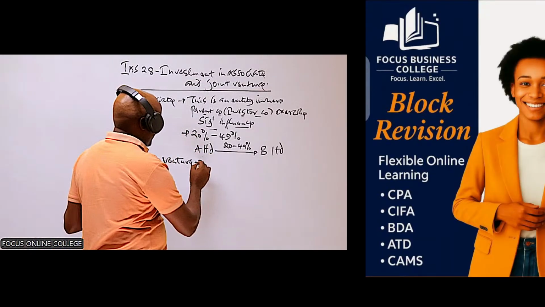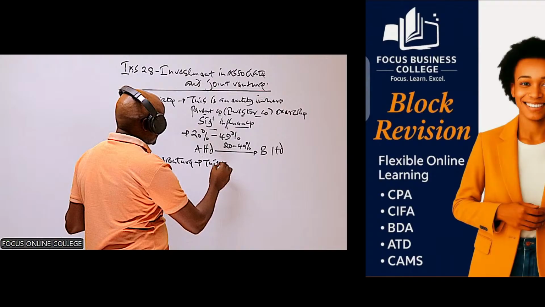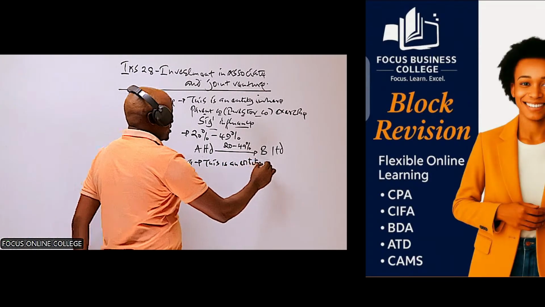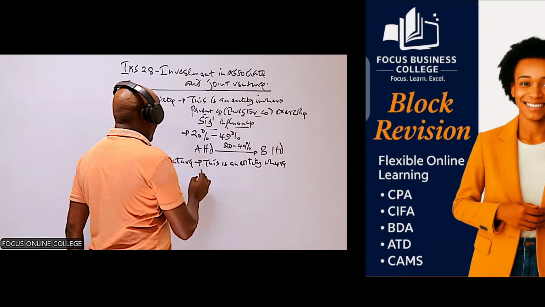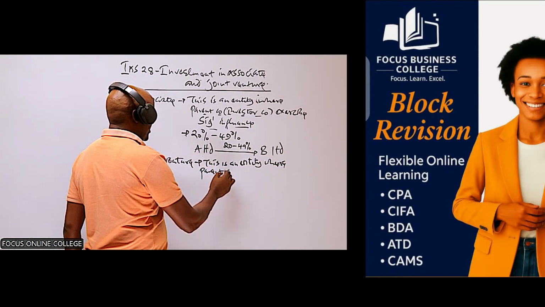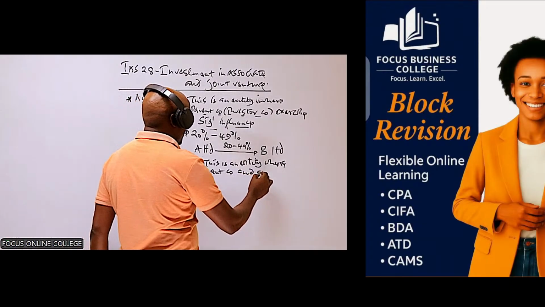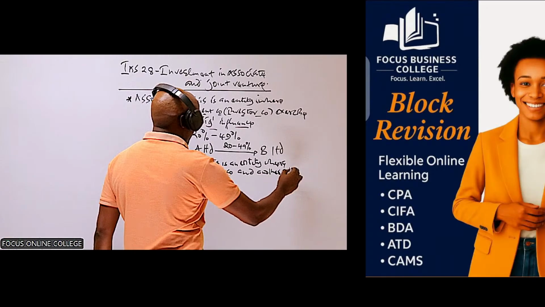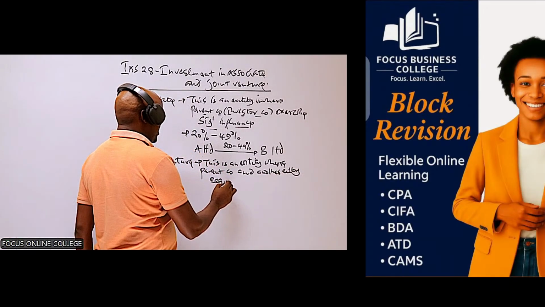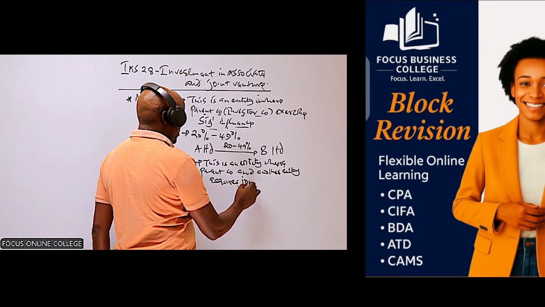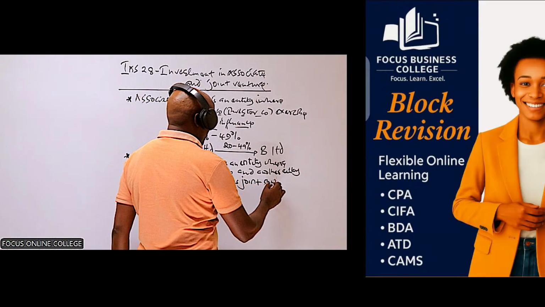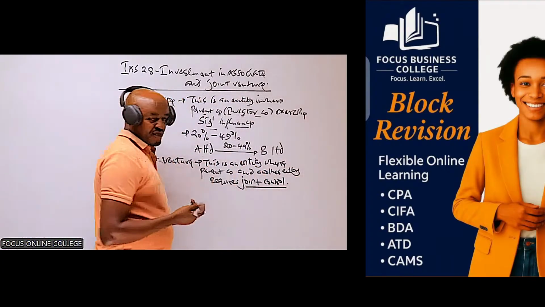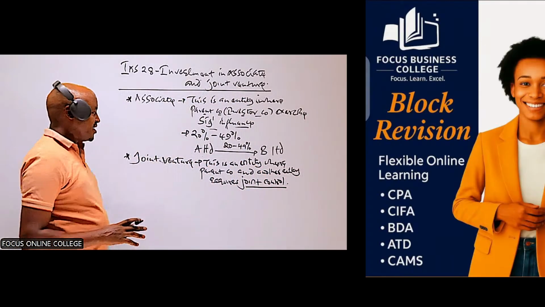So this is an entity where the parent company and another entity acquires joint control.